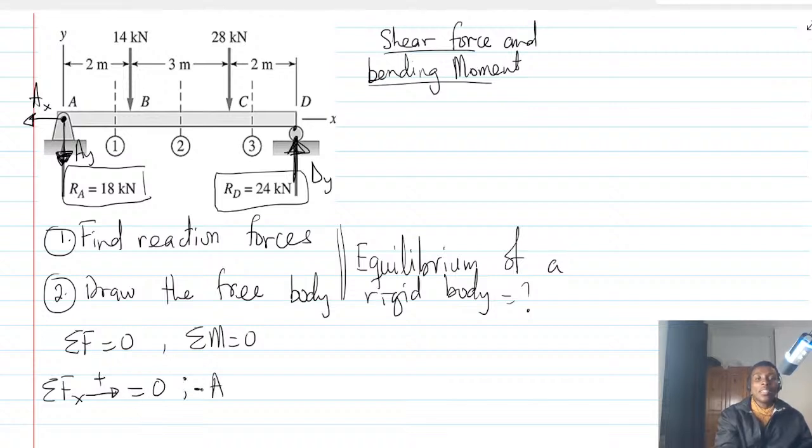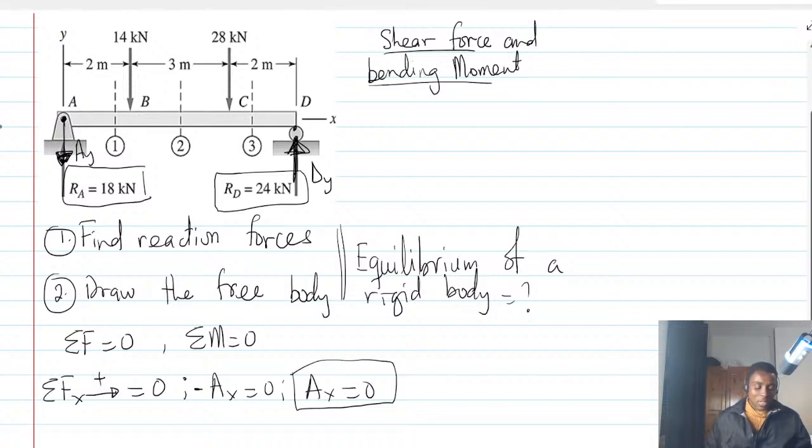So minus ax is 0. In other words, ax is 0, so there is no force along the x. We've been able to show that ax is indeed 0.